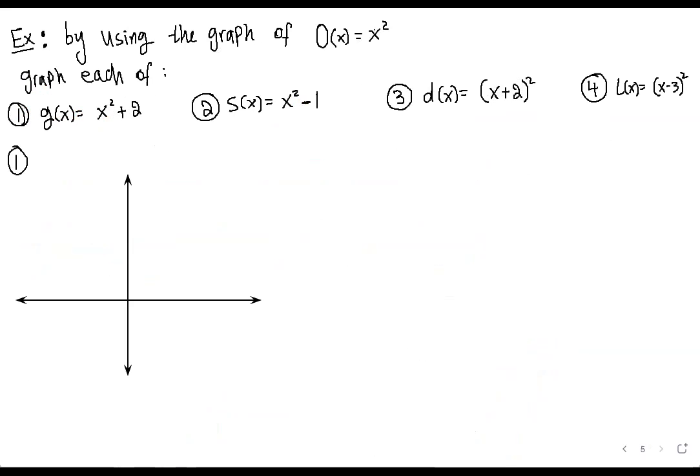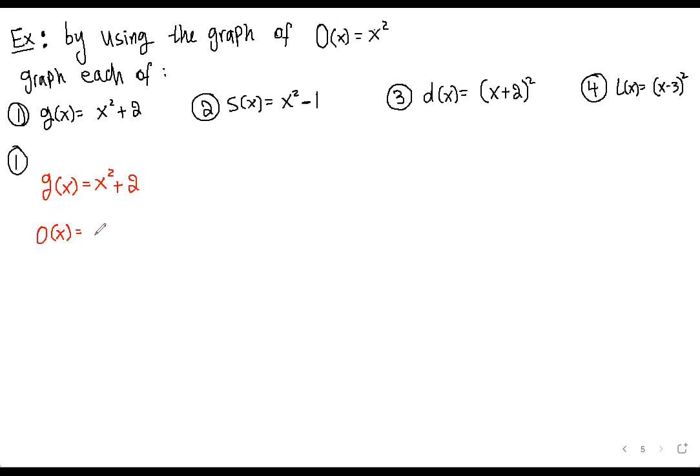So to graph this function, let me give you some hints. How do you think we graph this function? First of all, we write down g of x equal x squared plus 2. And my original function is given as O of x equal x squared.